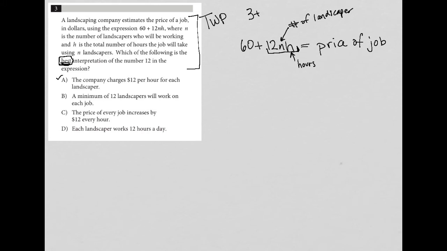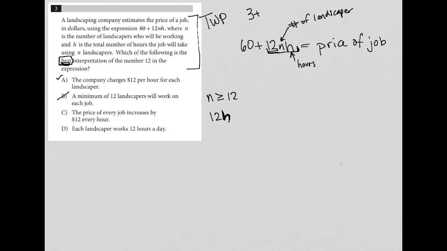B, a minimum of 12 landscapers will work on each job. Well, that would be saying that N is greater than or equal to 12. I don't think the 12 in front of the N has anything to do with what N can be itself. So B is out. Choice C, the price of every job increases by $12 every hour. So that would be if it just said 12H.